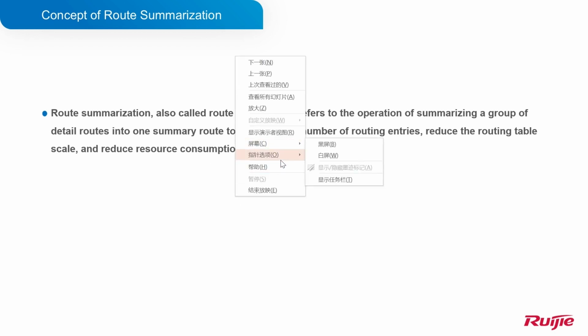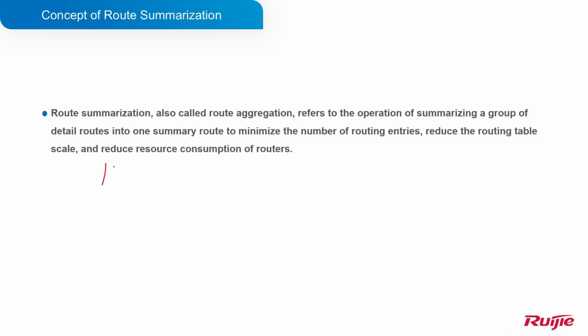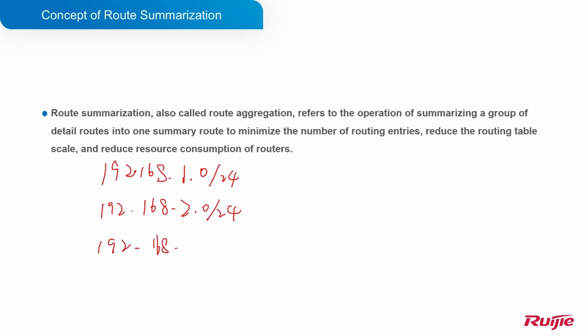For example, on the router we have the 192.168.1.0 segment, and we also have the 192.168.2.0 segment, and then we have the 192.168.3.0 segment.